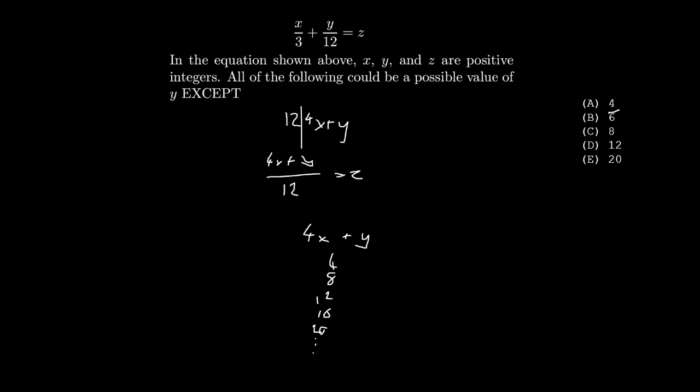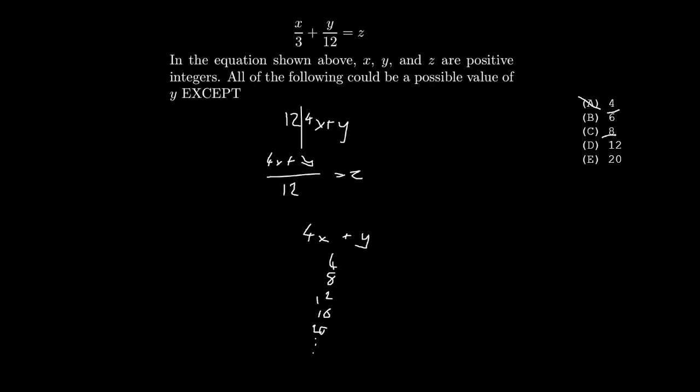So let's see, if x is 4, then 4 plus 8 is 12. 12 is divisible by 12. If y is 6, then I don't see a solution.